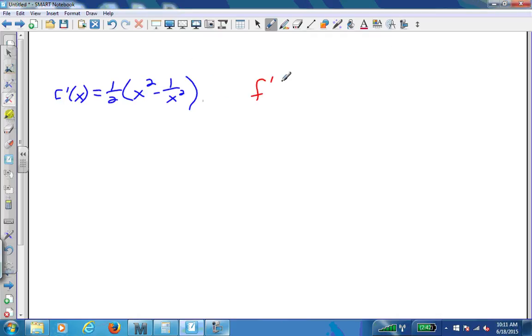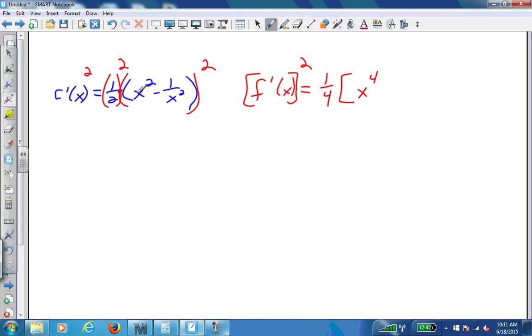If we square our derivative, we have two terms, so we square the first, square the second. I say two terms, two factors. If we have a product, we can square those separately. So the first one squared, 1/2 times 1/2 is 1/4, times, if we square this, the first one squared, x squared squared is x to the 4th.